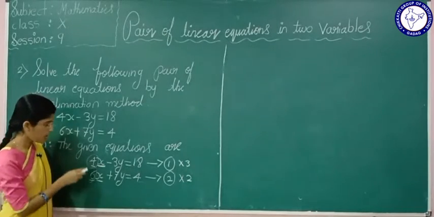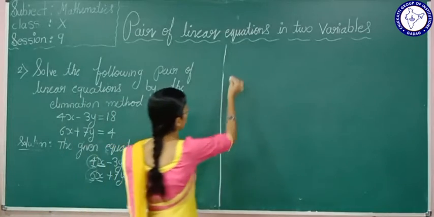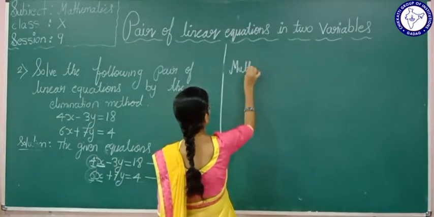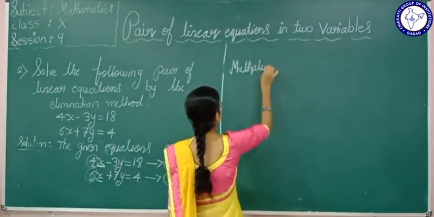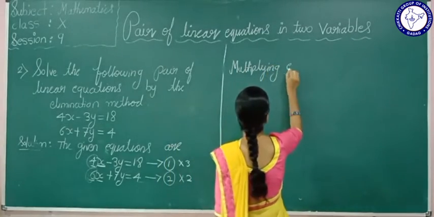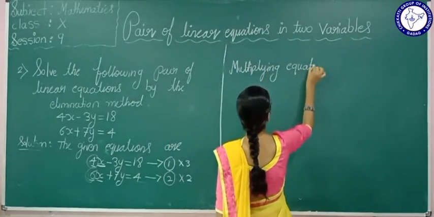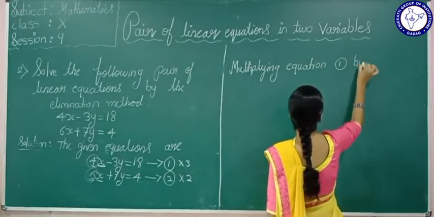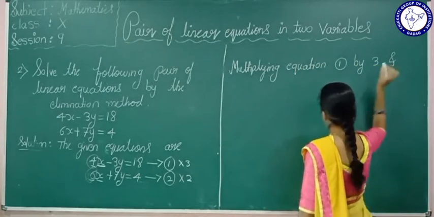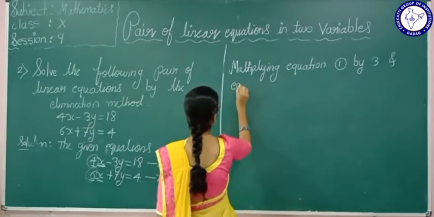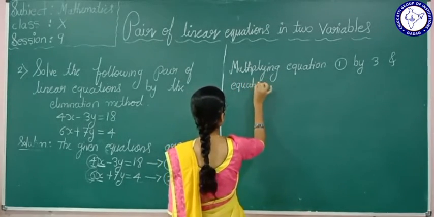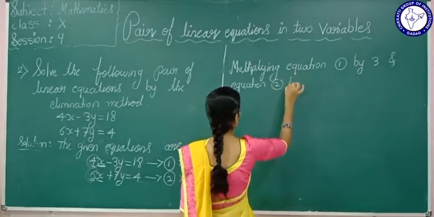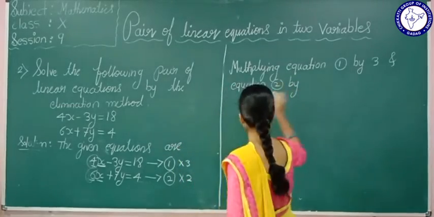Okay, now see what I will do here. Multiplying equation 1 by 3 and equation 2 by 2.